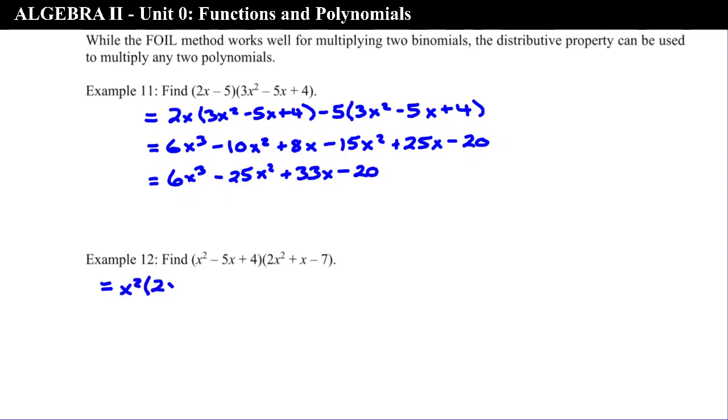I'm going to multiply that by our second polynomial. Then we have minus 5x, and that's going to get multiplied by the second polynomial. If I can write it correctly.